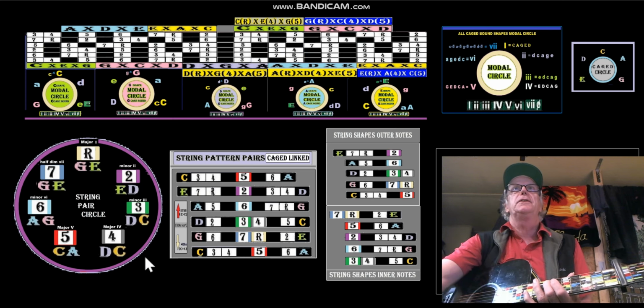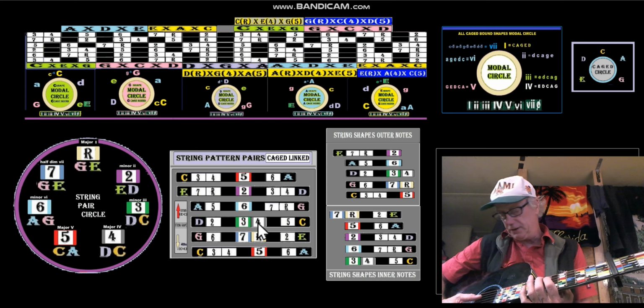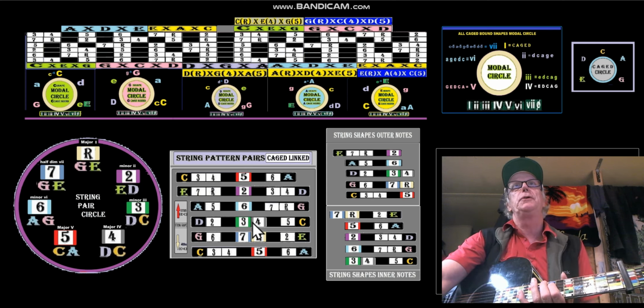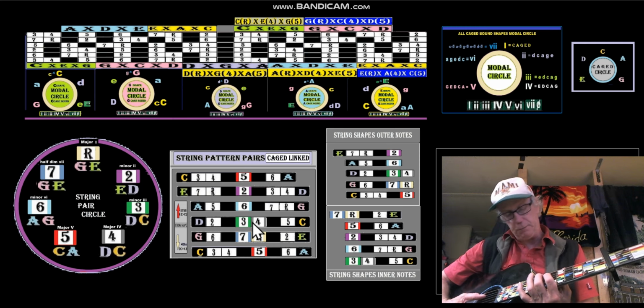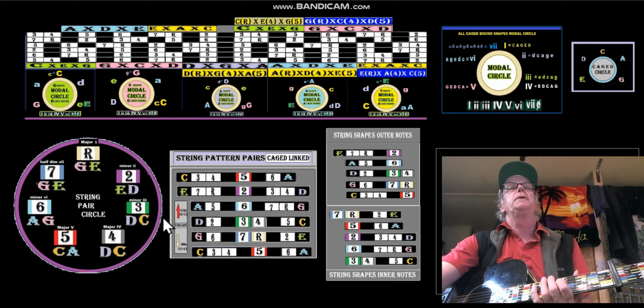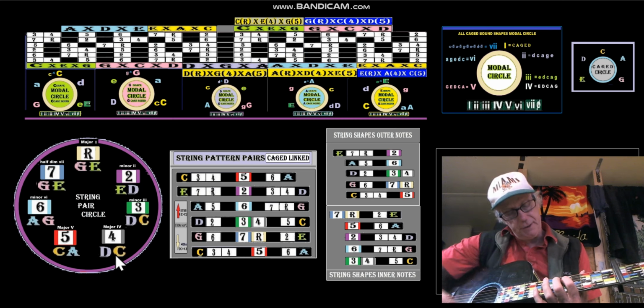Our D shape does have a 3 here because it has a 3/4 that's shared with that C, and that's interesting. So it's going to be still in the D shape, and this is important to know where these little double notes are. So the D shape would be, and then to the C shape, going around, then we go to the 4th, which is also DC.